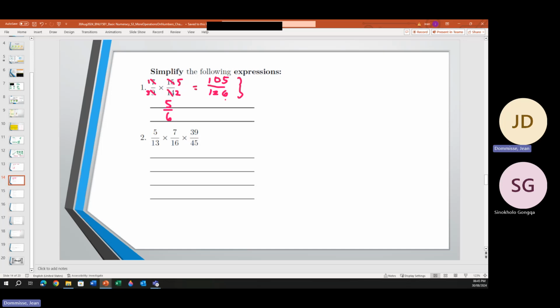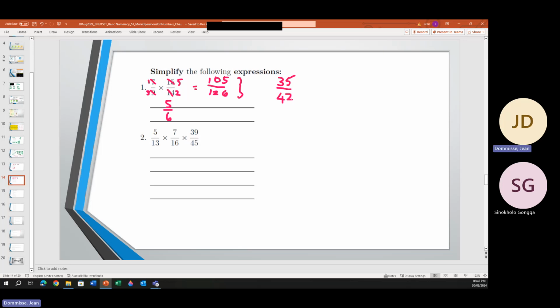Okay, we could have also done another calculation, is to say, okay, if we look at 105, but I am going to use the calculator. So how many times does 3 go into 105, because I know 2 can't go into 105? So 105 divided by 3 is 35. 126 divided by 3 is 42.